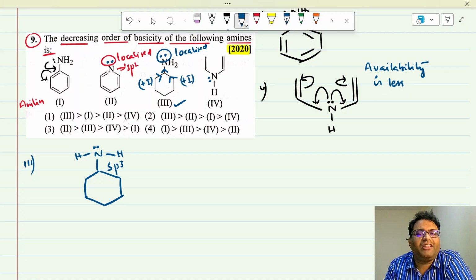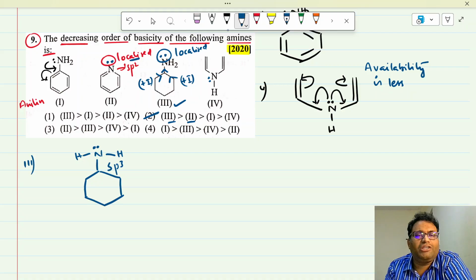After that, in 1 and 4 they are delocalized, but in second, it is localized. So it is available. So after 3, you will have 2.